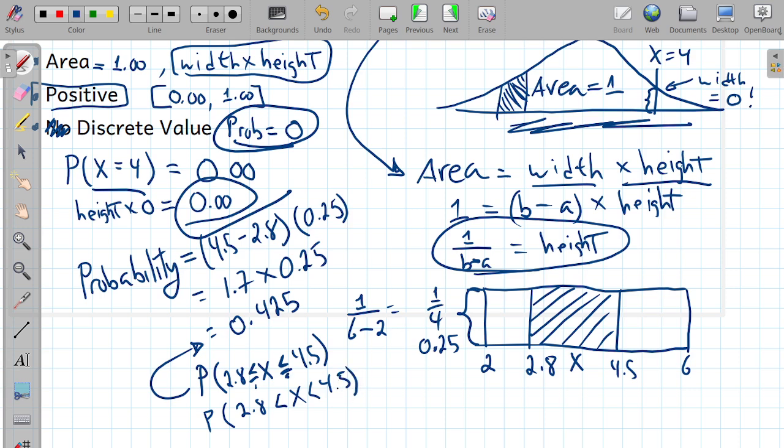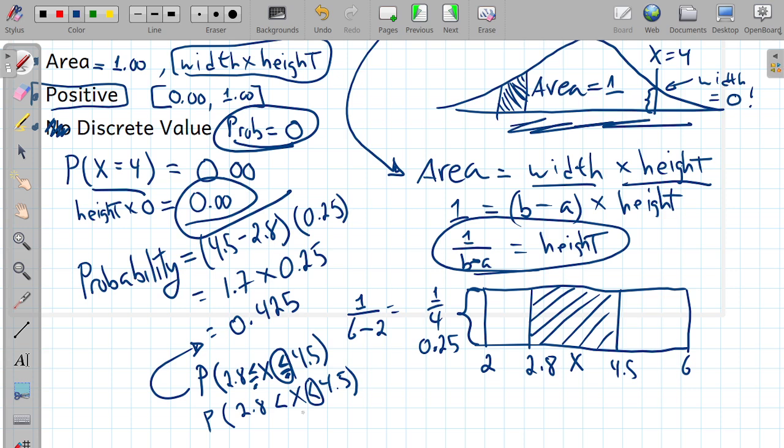Whether there's an equal sign included with the inequality or not makes no difference, because there's no width associated with that equal sign. So don't worry about getting it wrong if the notation switches from one style to the other. If it's continuous, the two things mean exactly the same thing.